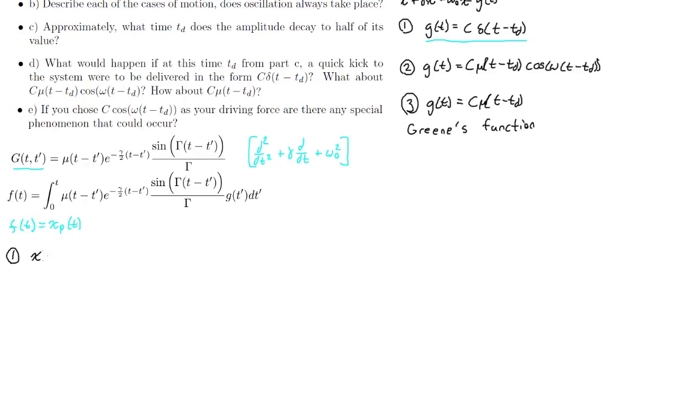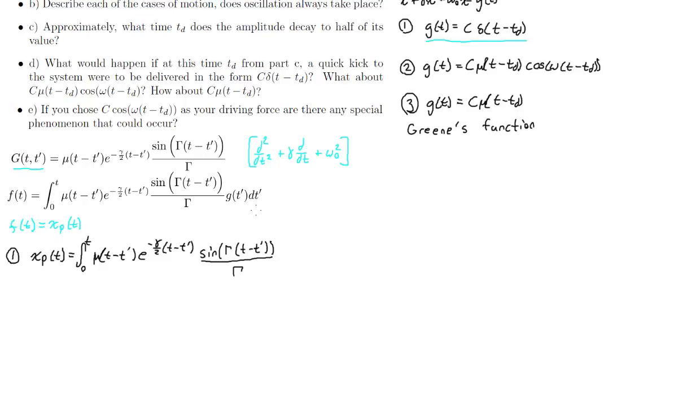Then our particular solution here would be the integral from 0 to t of mu of t minus t prime, exponential e to the minus gamma over 2 times t minus t prime, and then sine of gamma times t minus t prime, over gamma.